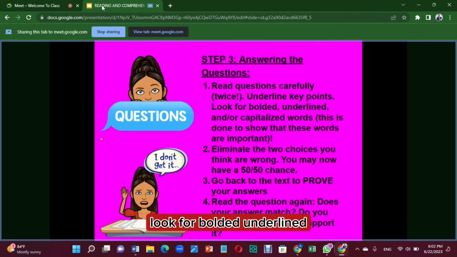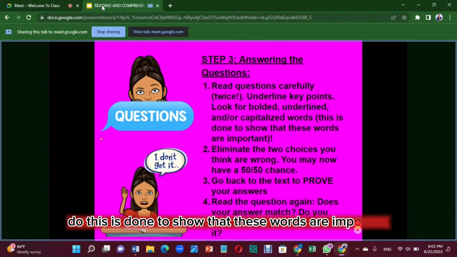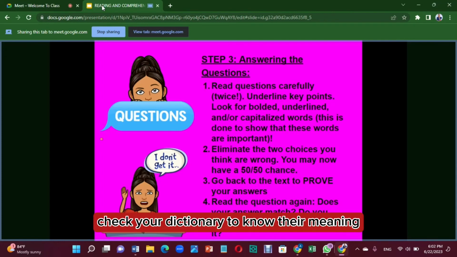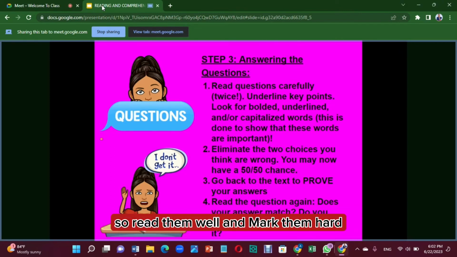Look for bolded, underlined, or italicized words, and capitalized ones too. This is done to show that these words are important. So, look out for them, check them well. If you need to check your dictionary to know their meaning, please do that. So, read them well and mark them out.